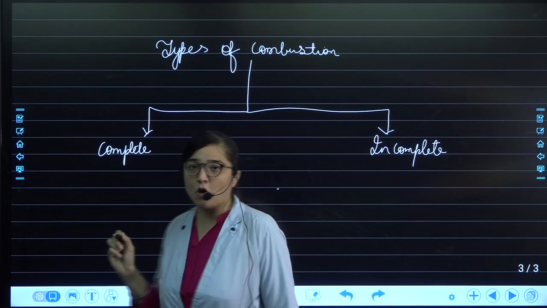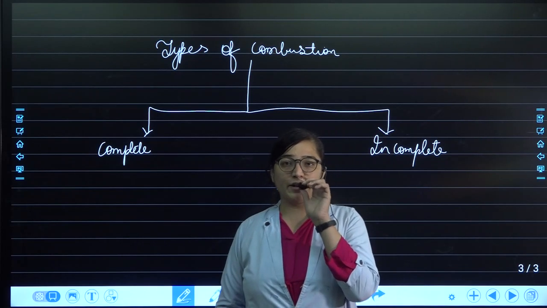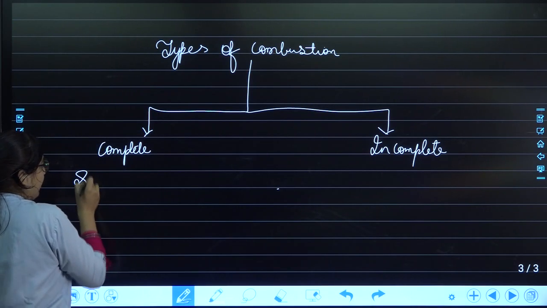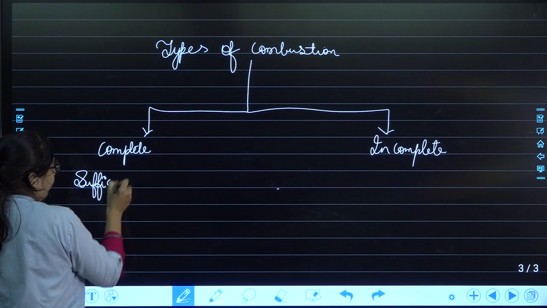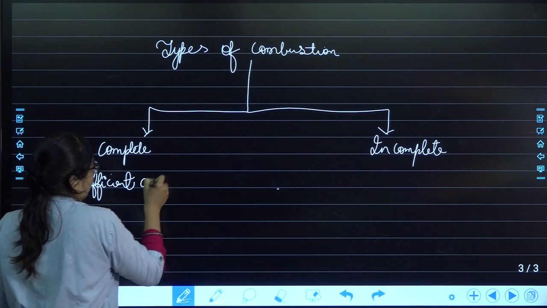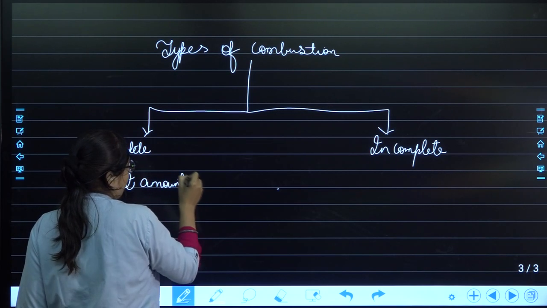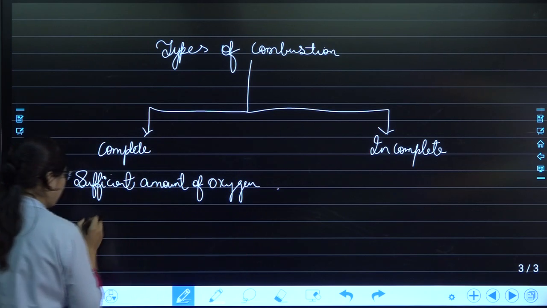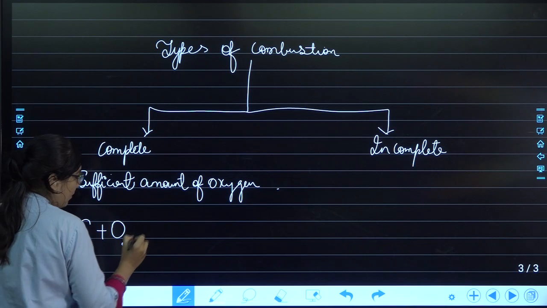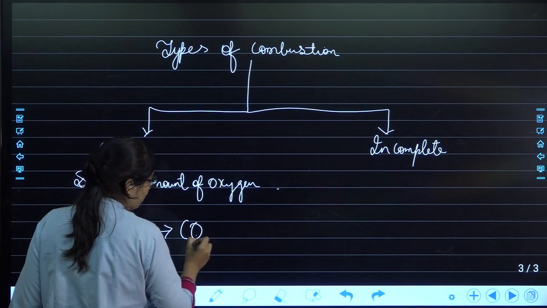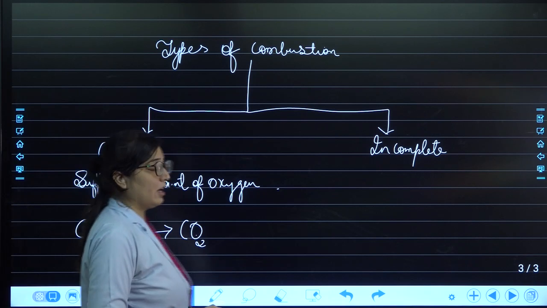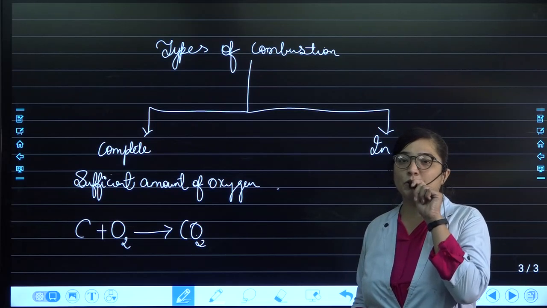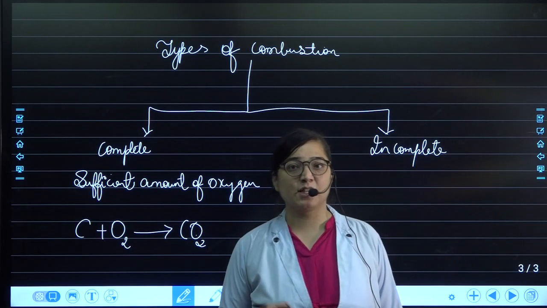Here sufficient oxygen is provided and in output you get carbon dioxide. For example, carbon reacts with oxygen, a proper amount of oxygen is given, then we get CO2. But if the amount of oxygen is very limited, then we get carbon monoxide, which is one of the dangerous gases.